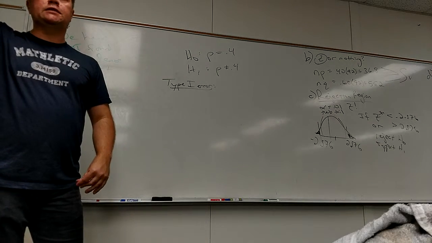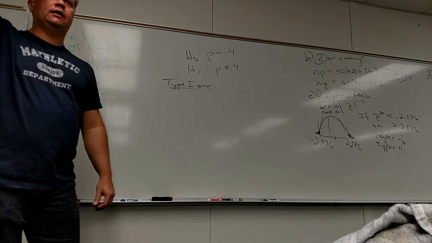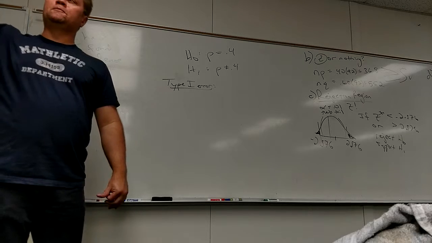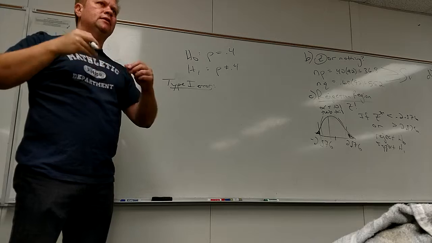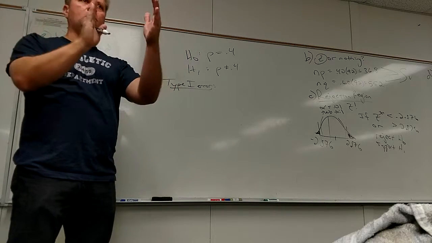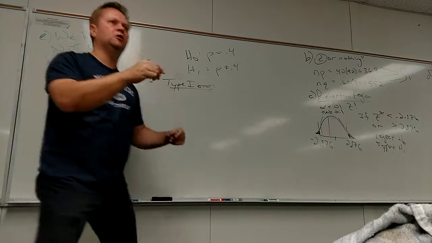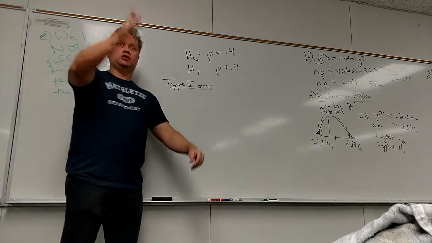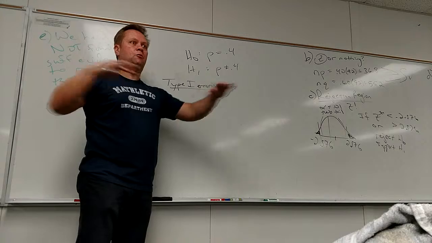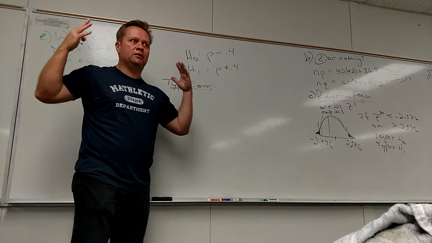Sometimes I'll say this as just state the 2 errors that could happen, because I don't necessarily require you to memorize which one is which. But the way that I memorize these is the type 1 error is the smaller statement. So you can either reject a true null, or you can fail to reject a false null. Oh, that's type 2 because it's got more words in it. That's how I remember it literally.